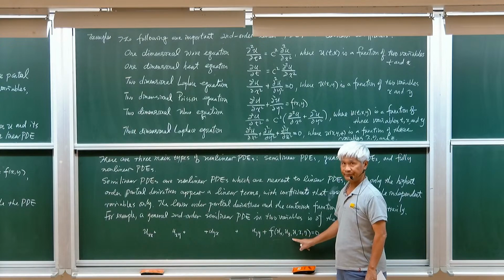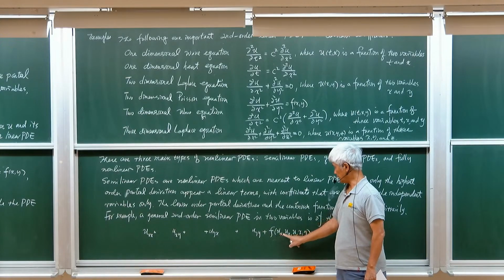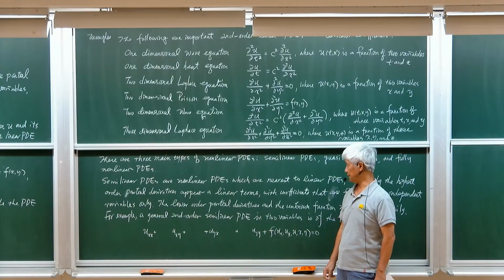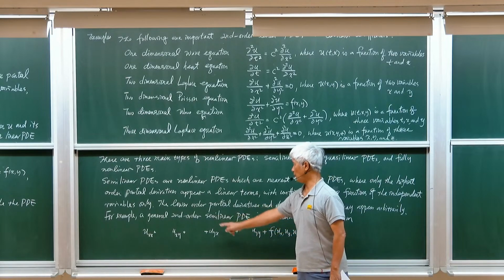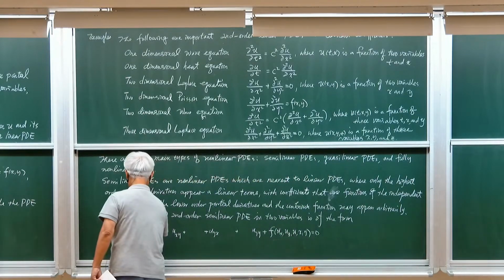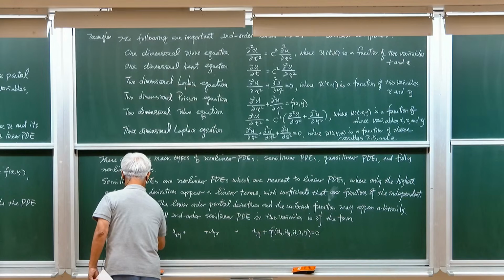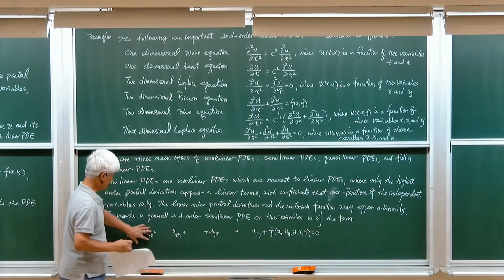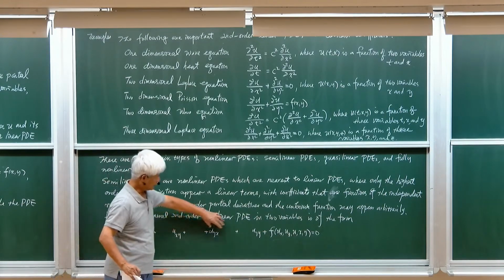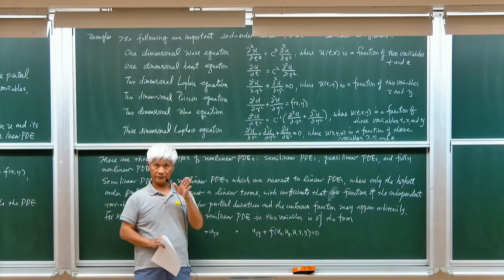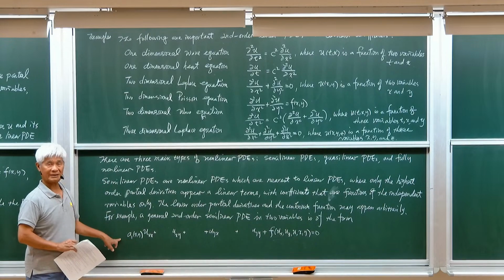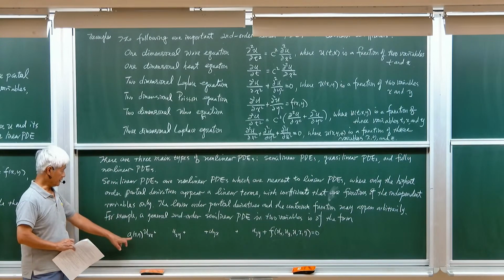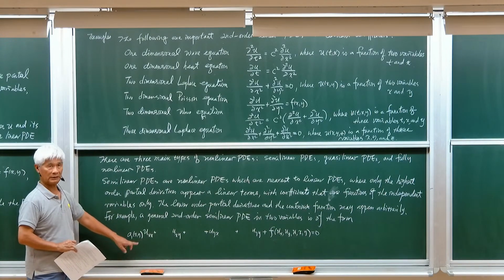And also u_x, u_y depend on u because they are first order partial derivatives. But for the highest order partial derivatives, these four, they appear in the first degree, so each of them appears in the equation to the first degree. And the coefficients are still functions of the independent variables x, y only.